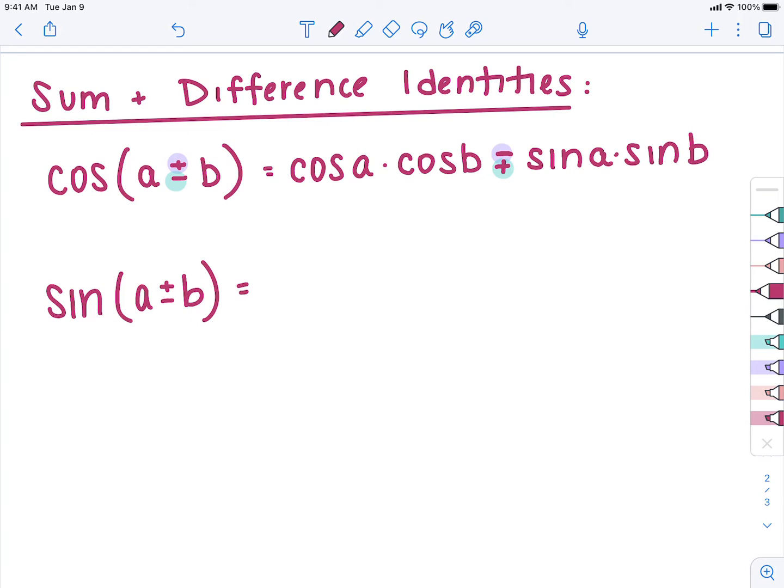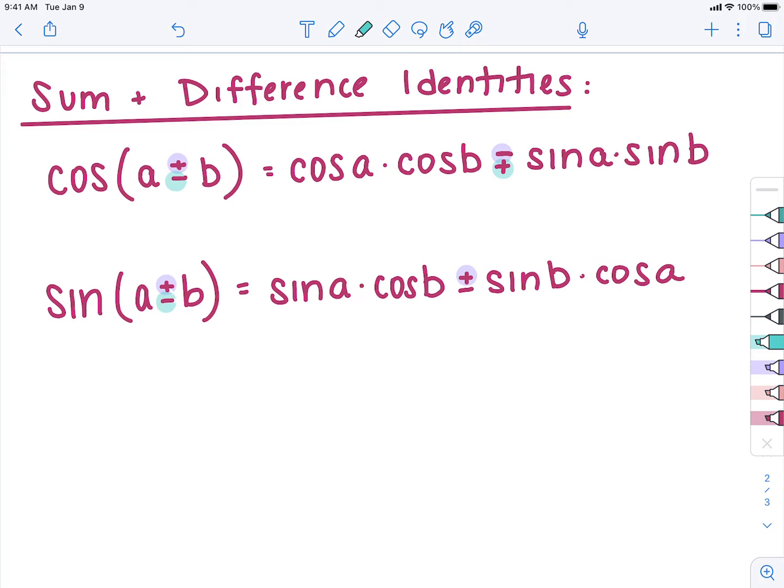When we do that, then our formula is going to be to take the sine of A times the cosine of B plus or minus, so the signs match here, sine of B times the cosine of A. So in this situation, when we're dealing with sine, if we had to add them, we're still going to add them. If we had to subtract them, we're still going to subtract them.